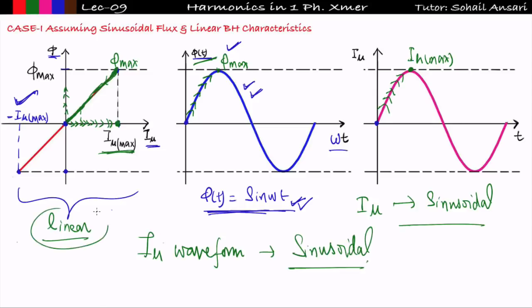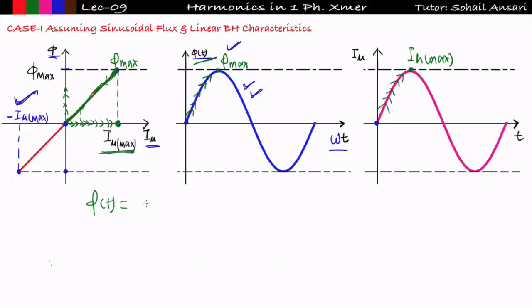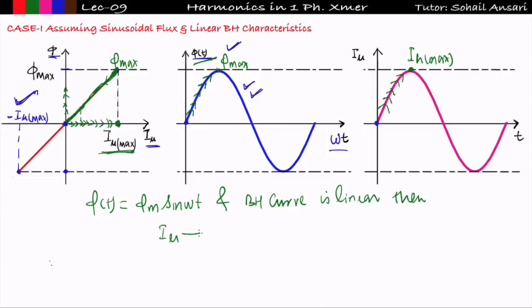Because we are assuming the BH characteristics as linear. This is case 1. Got it? So the conclusion of case 1 is, if phi t is equal to phi m sin omega t and the BH curve, that is the magnetization curve, is linear, then I mu will be sinusoidal in nature.